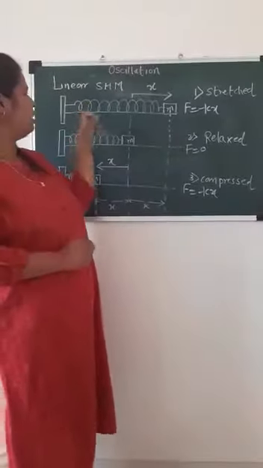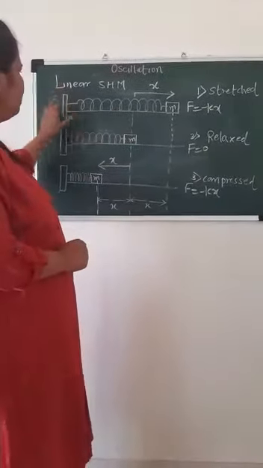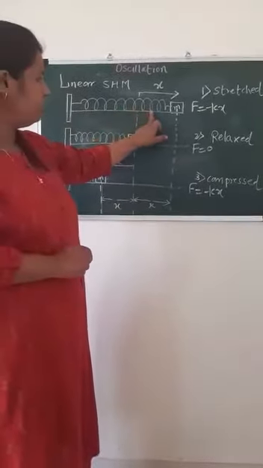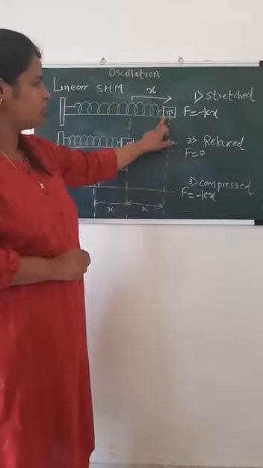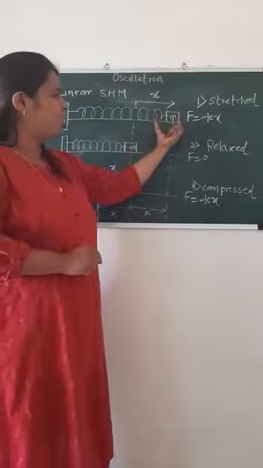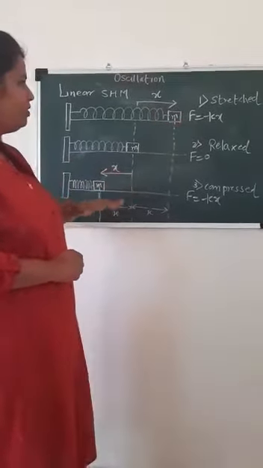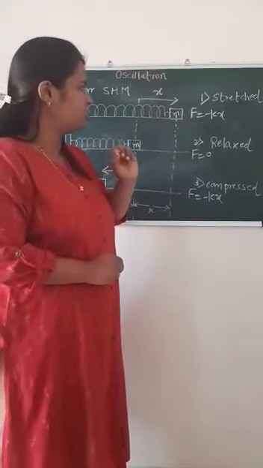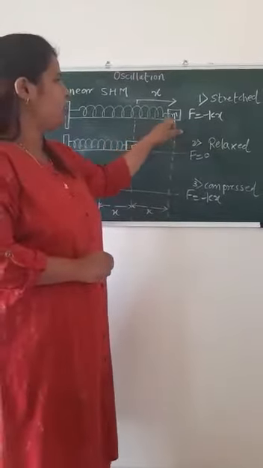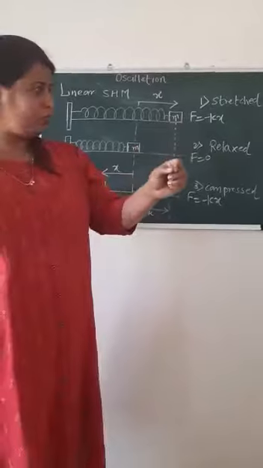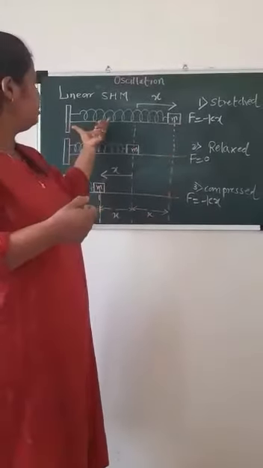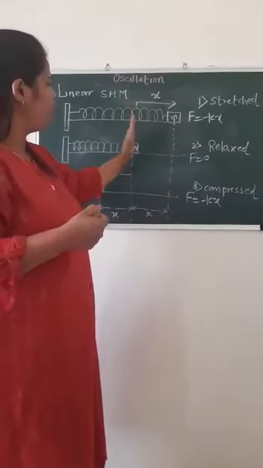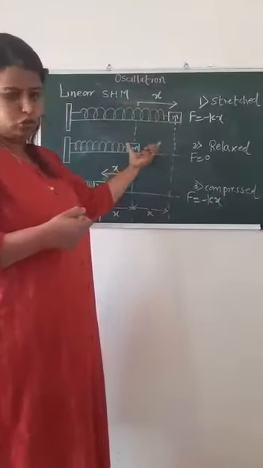For that, consider a spring. We have a spring here and we have attached a block of mass m on that spring. Now we will consider three cases. The first case is we stretch the spring so that the displacement will be x from the mean position.